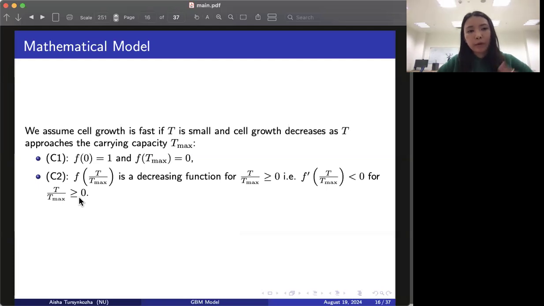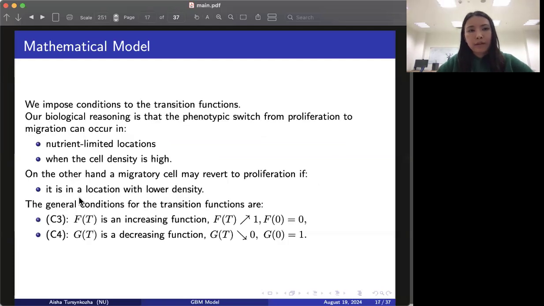We also impose conditions for the transition functions. Here we say that the phenotypic switch from proliferation to migration can occur in nutrient-limited conditions and also when the cell density is high. Oppositely, migratory cells revert to proliferating ones if they are in a location with lower density.